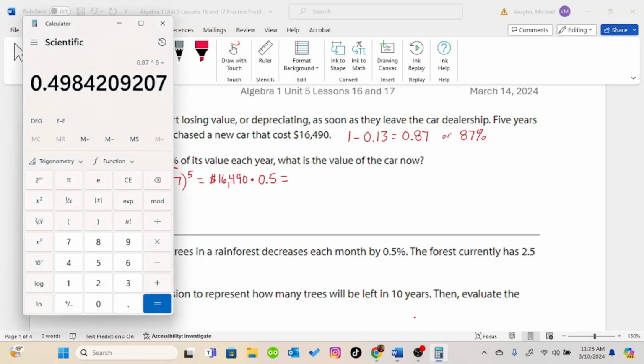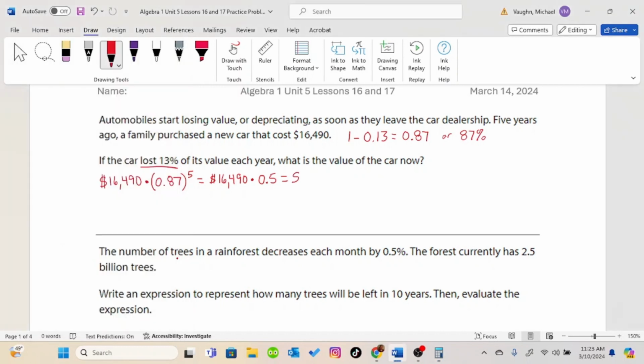Now we'll multiply this by the 16,490, and the remaining value is $8,218.